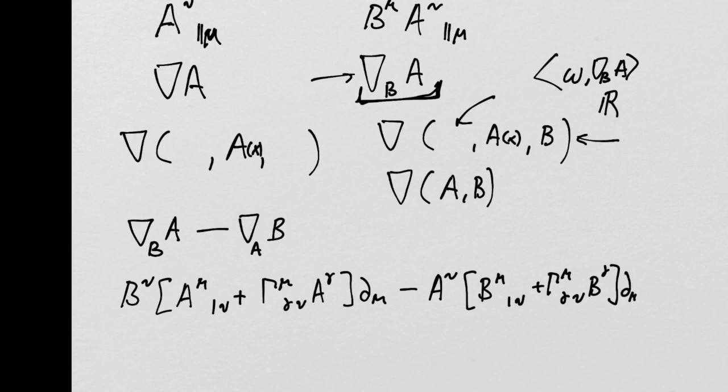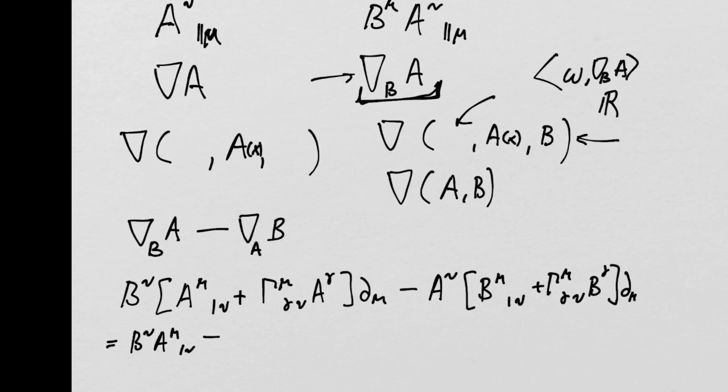And then I just start combining all this stuff, right? And I get B nu A mu nu plus, well, not plus, let's subtract from this guy the first term over here. Let's do that one.